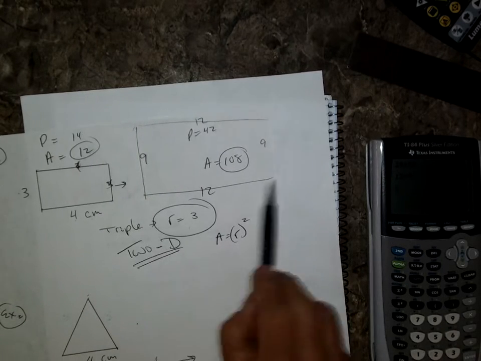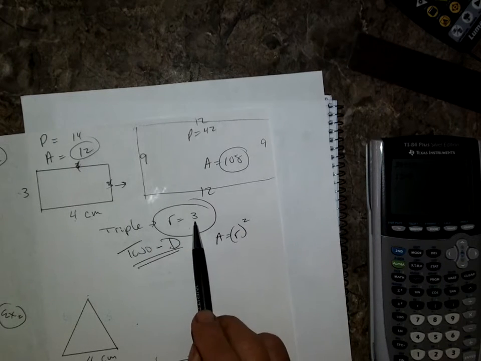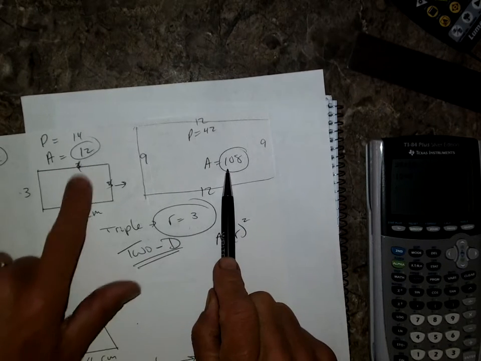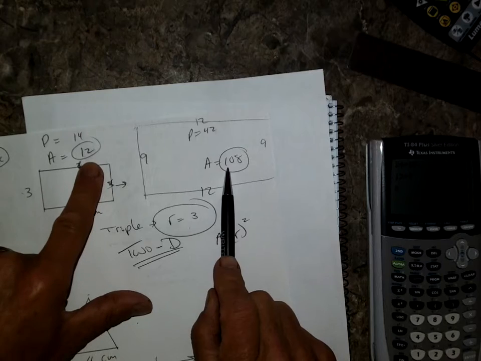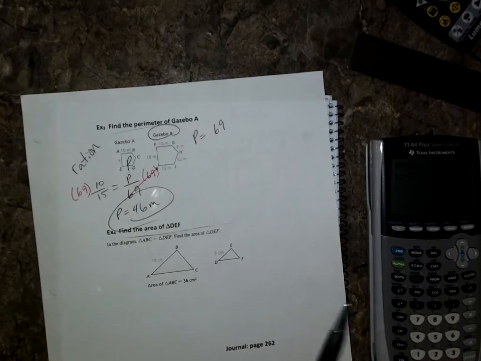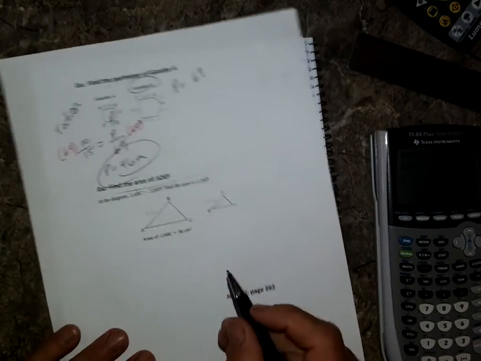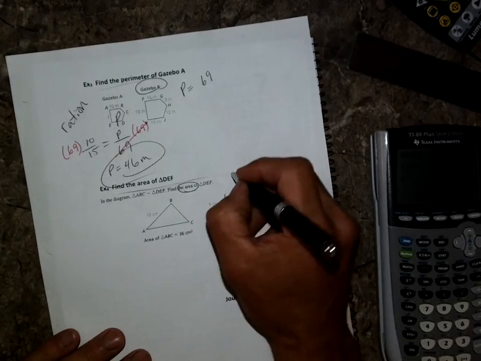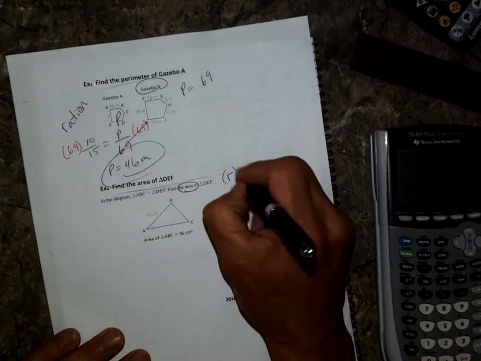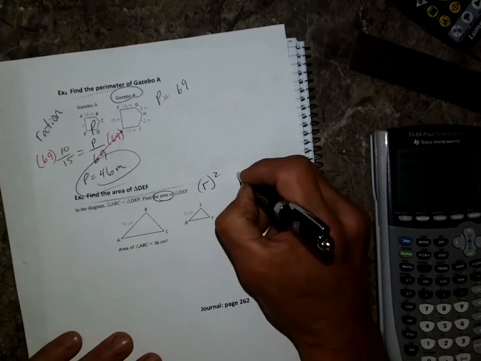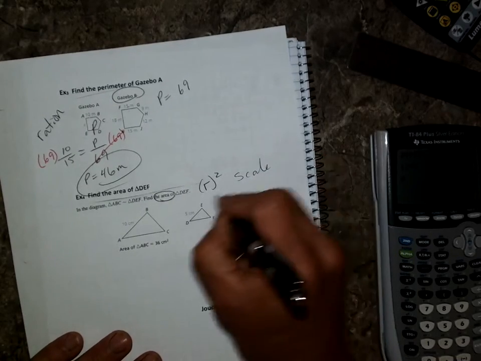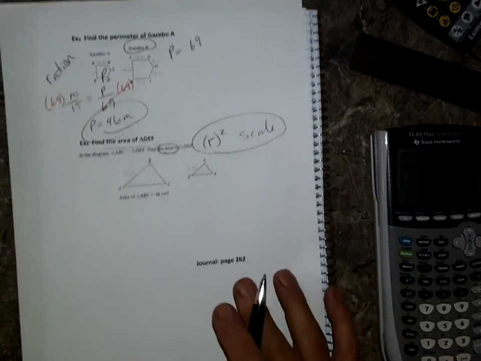So you are going to triple it and triple it, which is 3 times 3. So this one's actually 9 times as big. You can check it. What's 108 divided by 12? It's 9 times as big. So if we know that, we go into area, we're going to take r squared for our scale. All right, r squared for our scale. Okay, so let's see how that works.